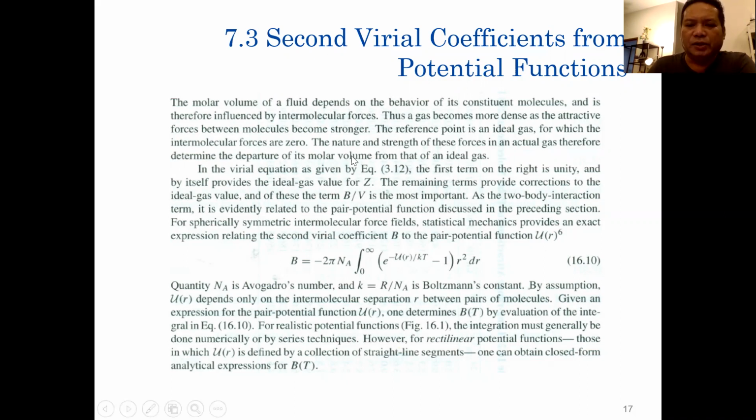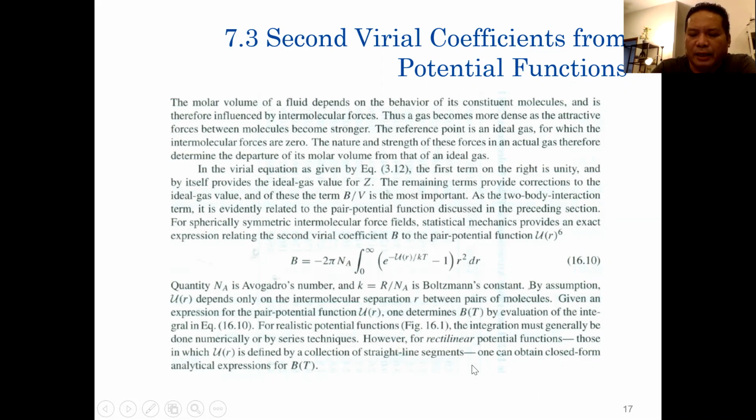So this can be denoted by this function here, B. So this is the second virial coefficient from the pair potential function, where 2 pi N_A, with N_A the Avogadro number, K is the Boltzmann constant, and this equation here.